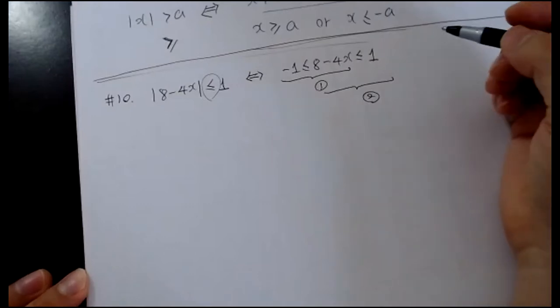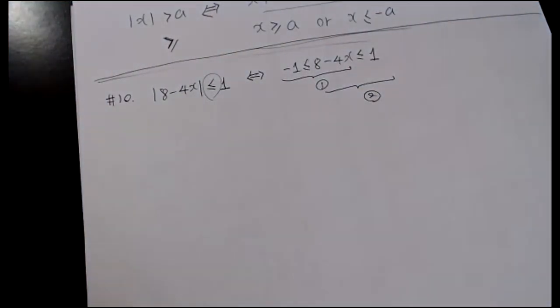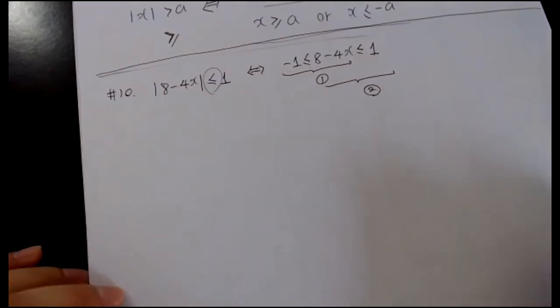This is the short expression of a compound inequality with the connector "and." Now we solve linear inequality 1, linear inequality 2, and then find the intersection of the two solution sets.